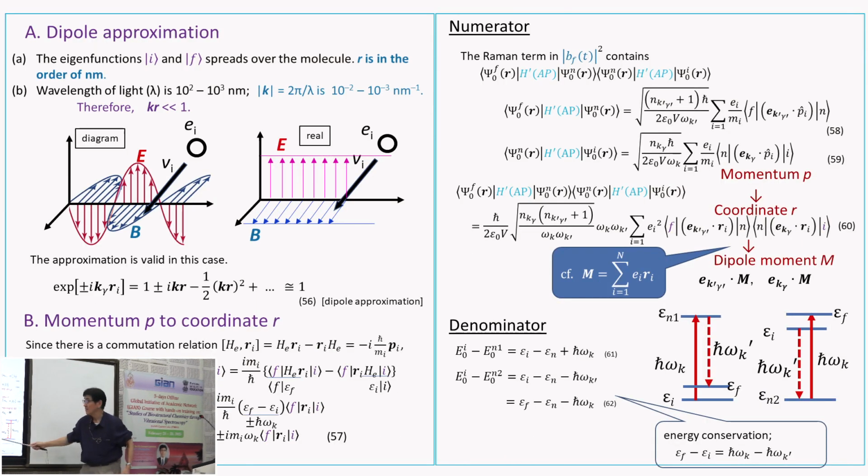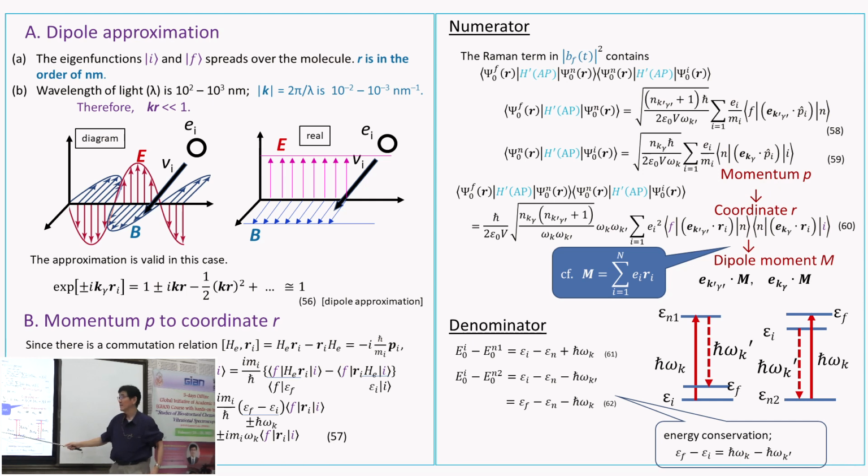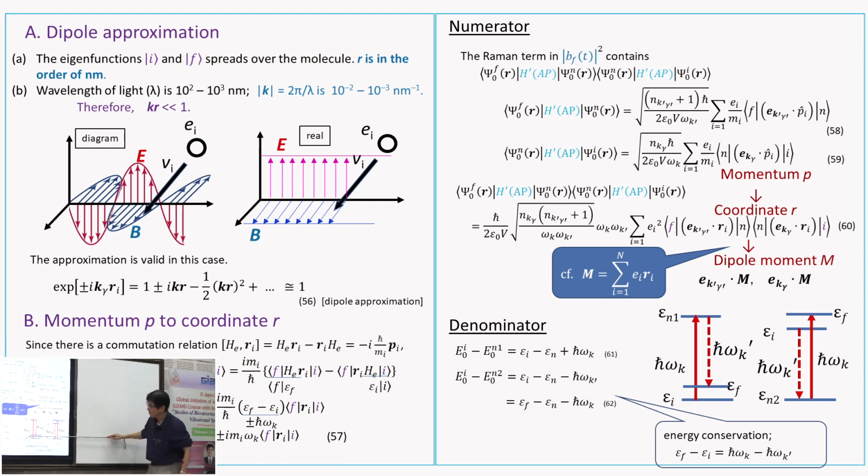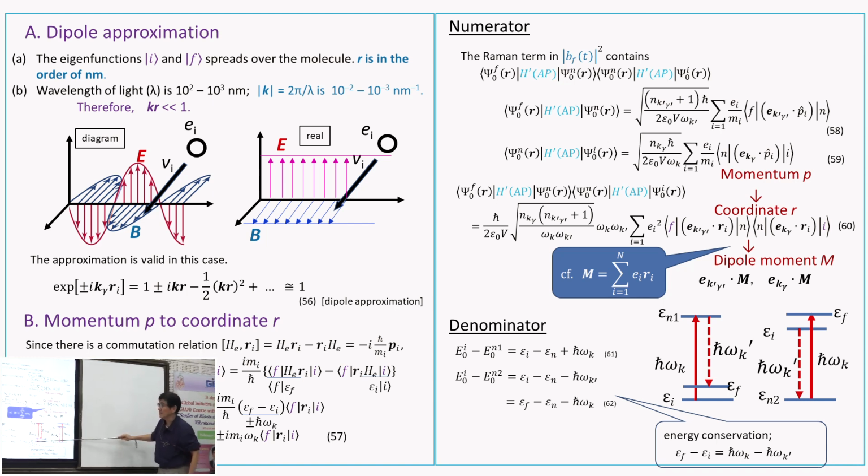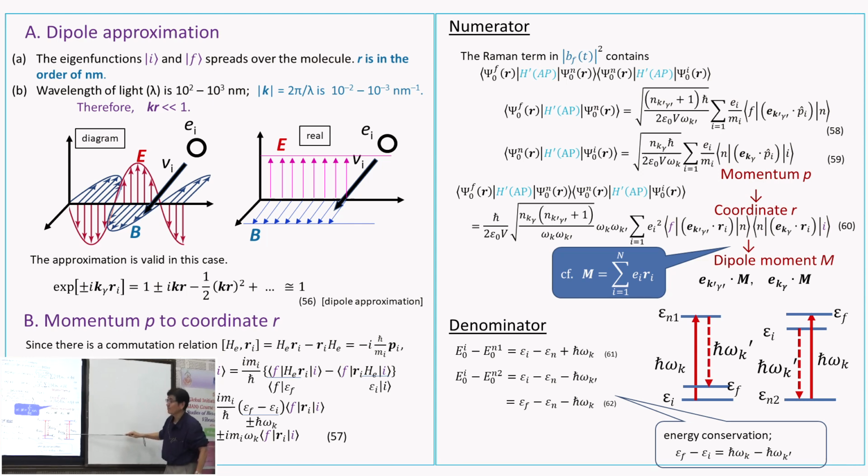Ei minus En1 corresponds to the energy difference between energy of molecule, small ei minus small en, and energy of light, h bar omega.